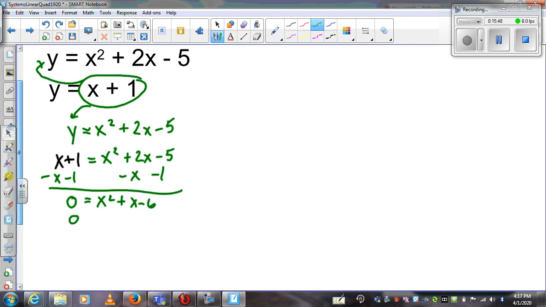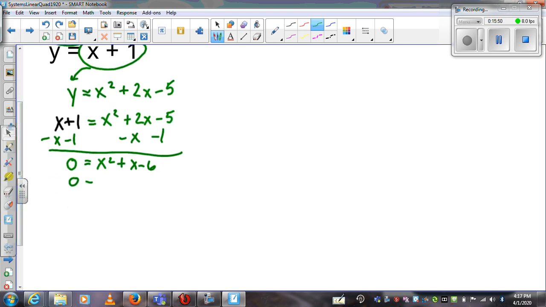And again, this is exactly where I was in the other problem. I'm going to solve that by factoring. So x plus 3, x minus 2, so that would be your negative 3.